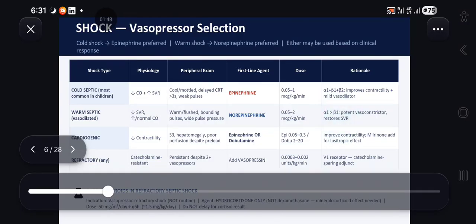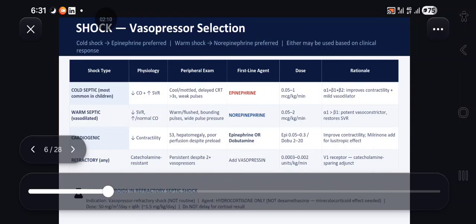Why? Because the choice of vasopressor depends on the type of shock and also on the time of the management. If it is early shock, which means warm shock, or if it is late shock, which means cold shock.